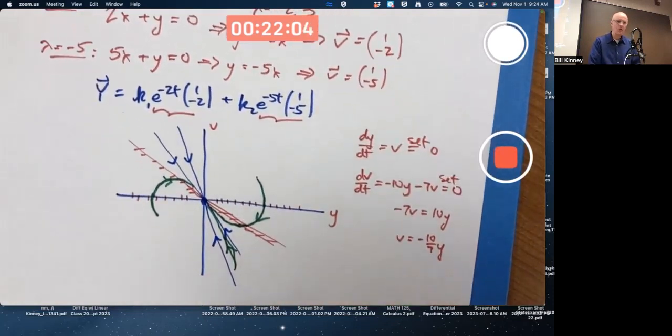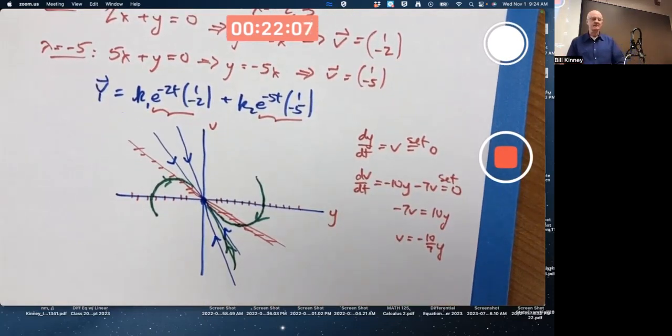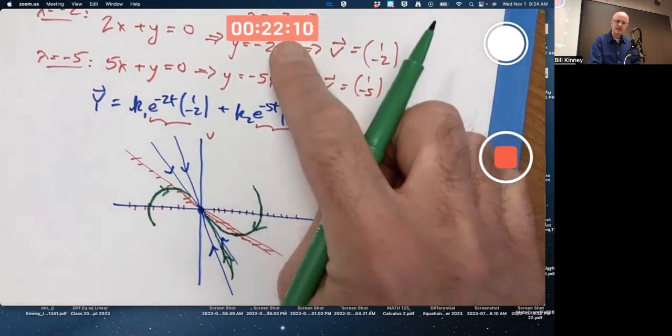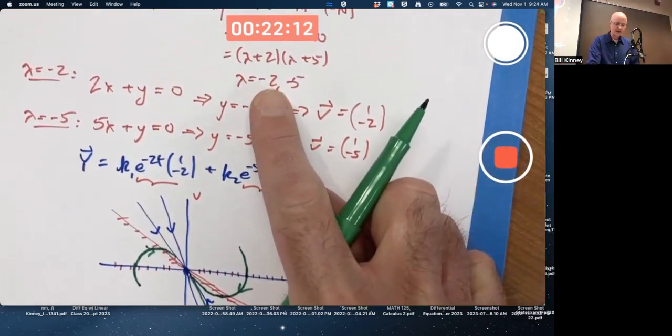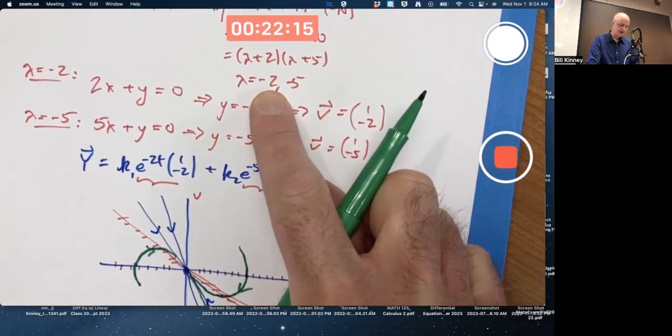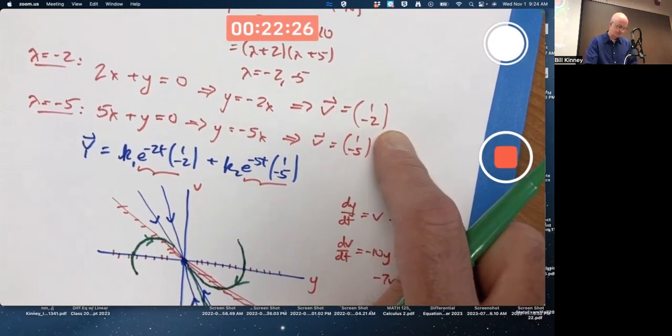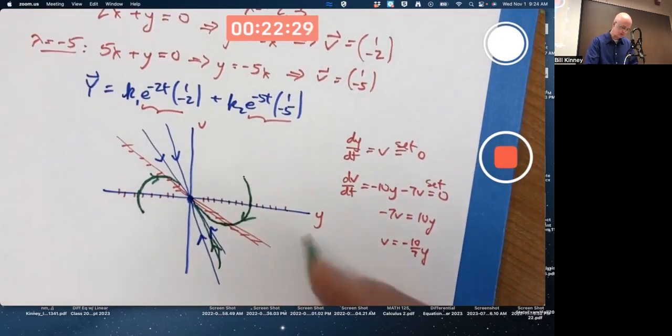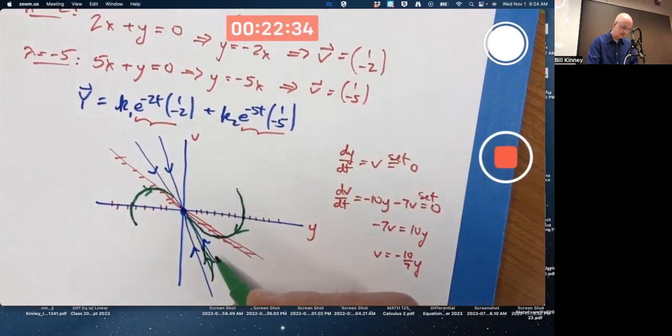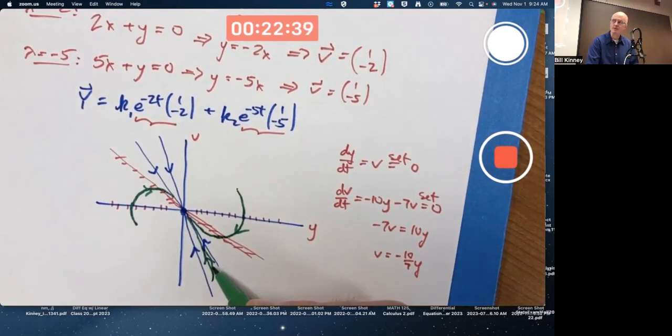And what's said in the book, in the reading, is that whichever eigenvalue is closest to 0, -2 is closer to 0, the corresponding eigenvector is going to be the eigenvector that most solutions are tangent to as t goes to infinity. 1, -2, the one with the slope of -2, this blue line here, is a line parallel to that eigenvector, 1, -2. That's the line that most solutions are tangent to as t goes to infinity, because that one's closer to 0. I'm not explaining why, but it is in the reading.